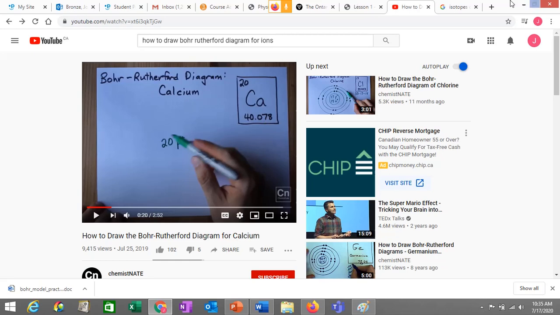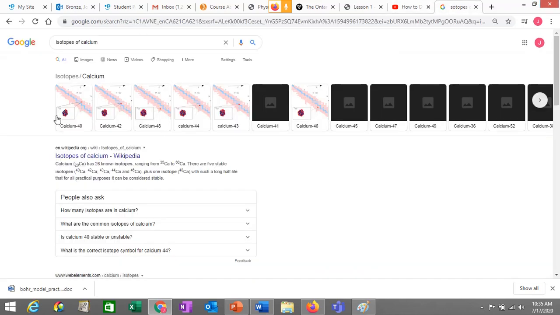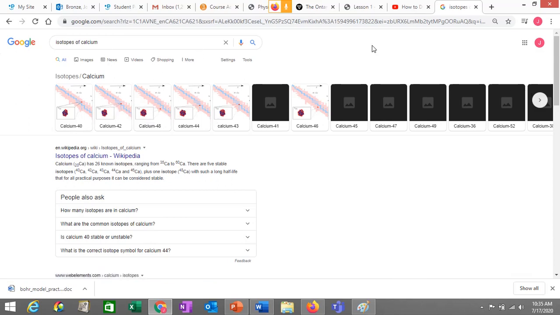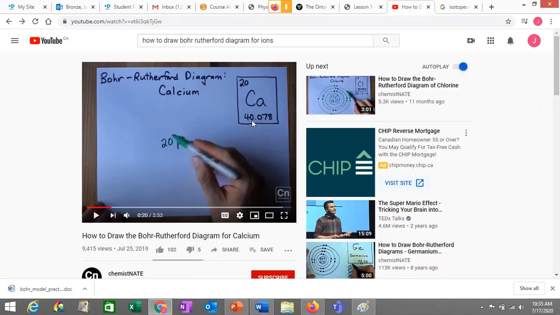Some of them will have a mass of 40, some of them will be 42, some will be 48, but most of them will be 40. So you'll have the vast majority of them being 40, and then a few of them being other higher weights. And so when you average that out, you're going to get the number that's shown in the video.